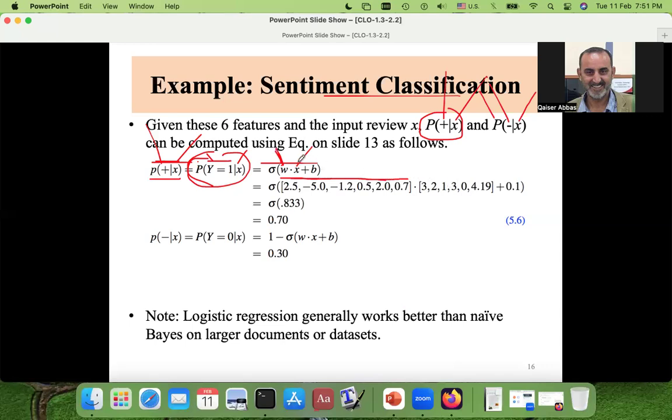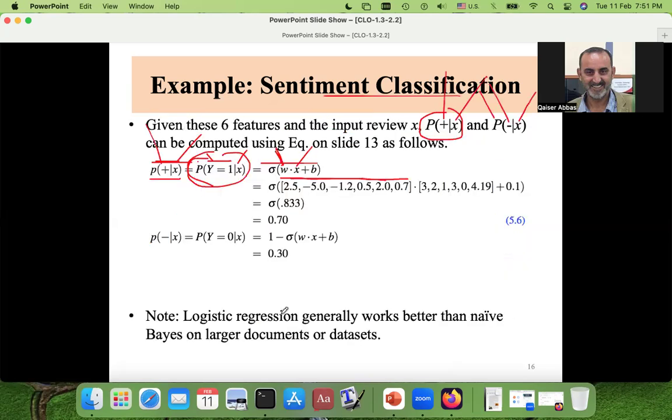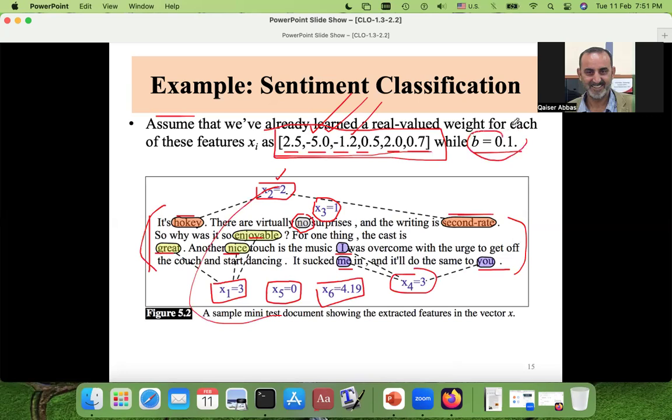You got the value of x from here, x1, x2, x3. Write the values of all these x's in the form of a list, and then it will become 3, 2, 1, and finally 4.19 after taking log. And then add the value of the bias, because here we are taking the bias as 0.1.